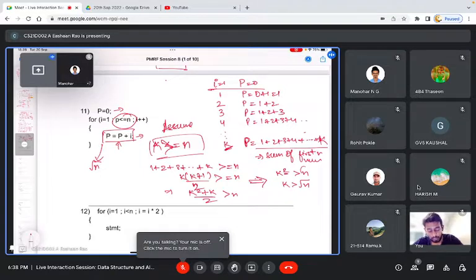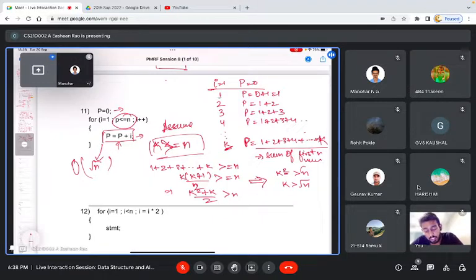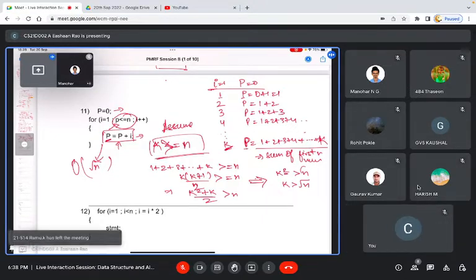So what we have done again is we trace it out. For every i value, we are checking the p value, because this p value is eventually related to the actual condition, which is p less than or equal to n. So we find that till what value of i, this p value will increase to be greater than or equal to n.